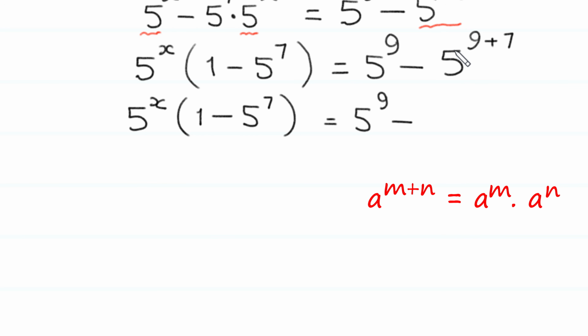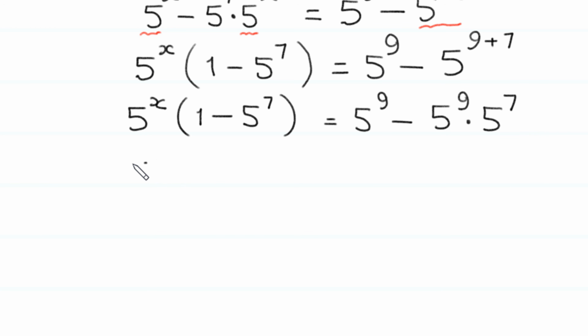We can write this 5^(9+7) as 5^9 times 5^7.